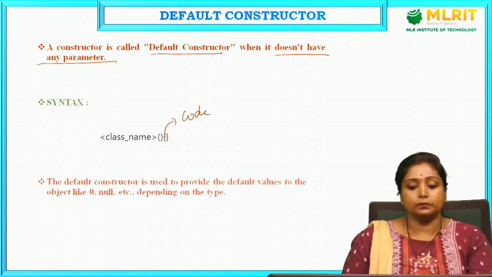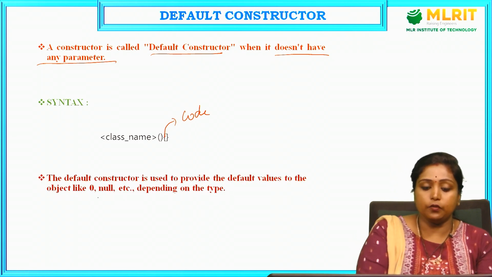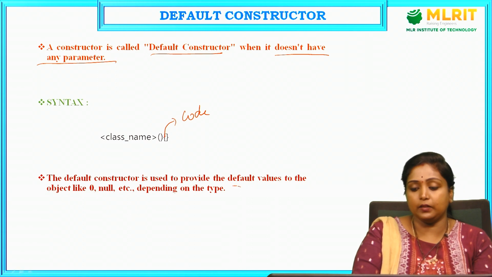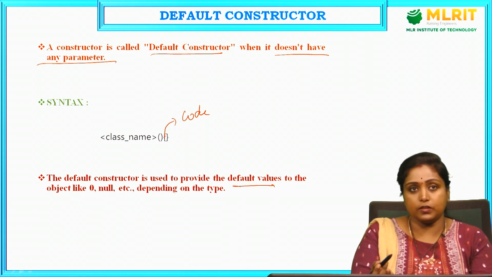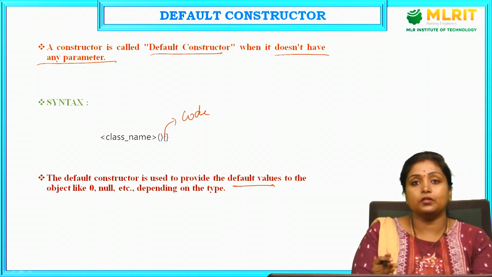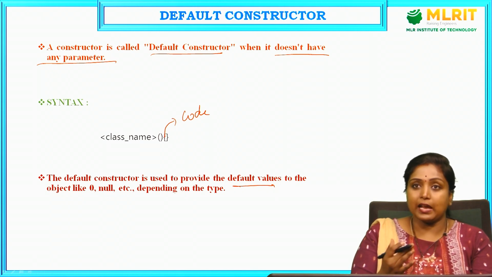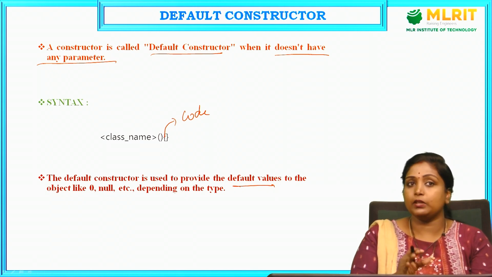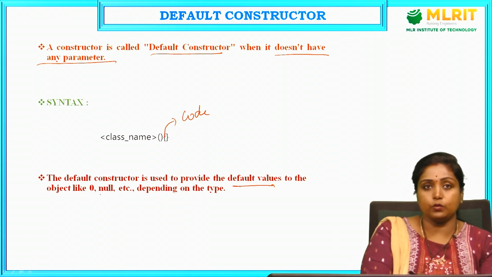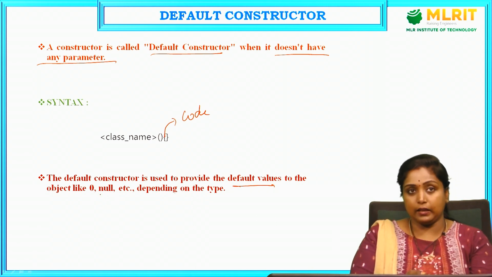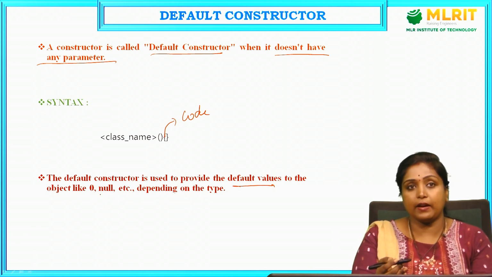Okay. See here, the default constructor is used to provide the default values, which is used to initialize the values. That depends on the type. If you are having a string as an instance variable, that would be taken as a null value, and if you are giving int a, the value would be 0.